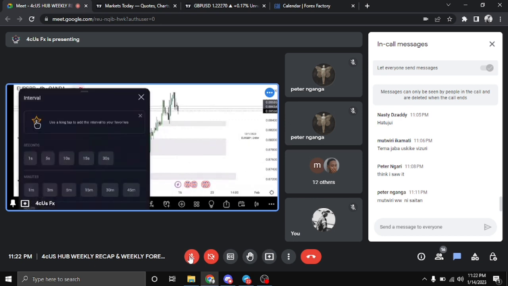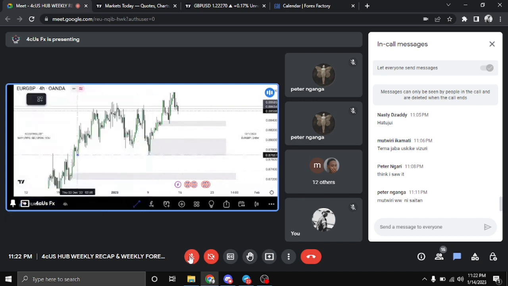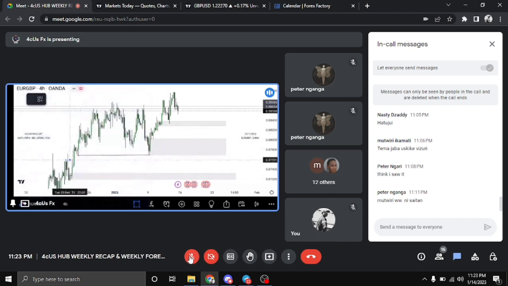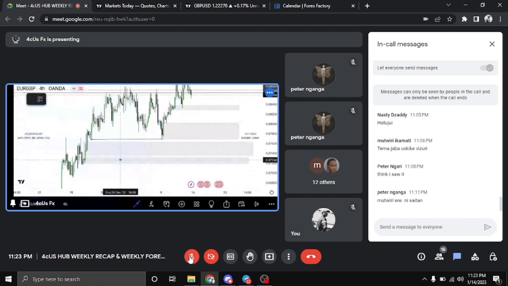Because this zone may seem a little extreme ya kuingia, because kuna some liquidity iko hapa, a form of relatively equal highs. Kisha kuna hii void iko hapa. Then we have our demand hapa.